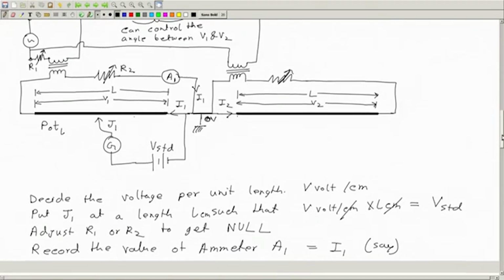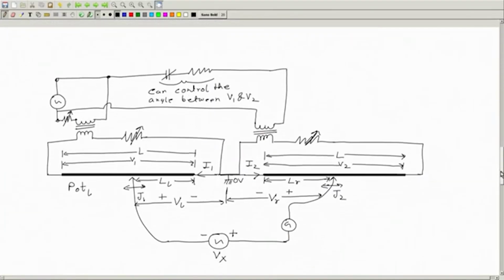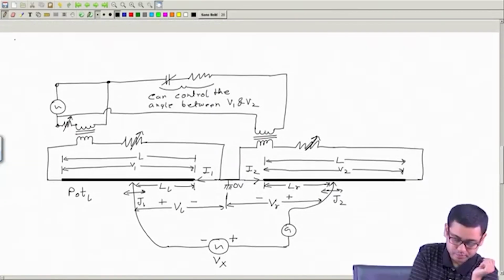Now the next step is calibration of potentiometer 2.